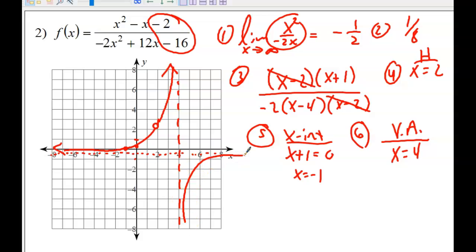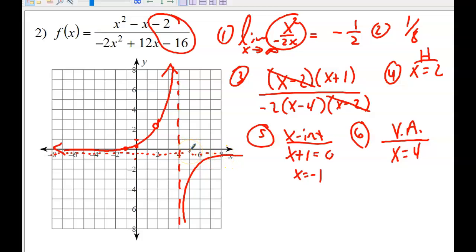Now if you guys want another way to tell where to draw your line, because really you only have 2 possibilities, right? Top or bottom for that curve. How do you know where it goes? Well, what you can do is just pick an x value on this side of the graph. Give me one. 5. Okay, 5's right here, right?